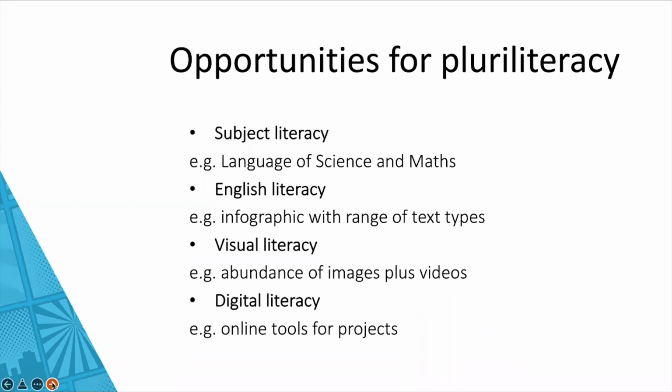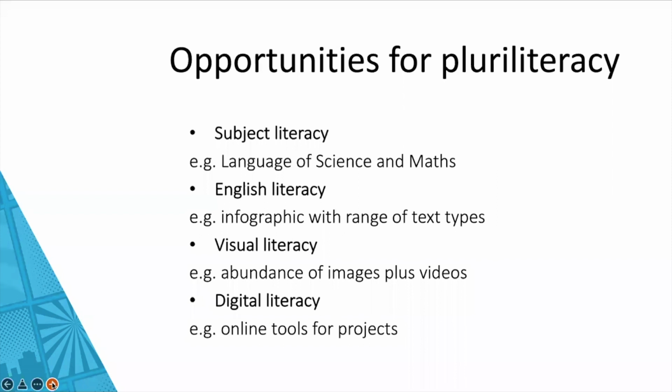Literacy in English, such as understanding and interpreting the range of texts from the labels to explanations in the ecosystems infographic. Visual literacy, when they examine images related to the theatre, when they interpret and create diagrams, and also, of course, the videos that they watch.